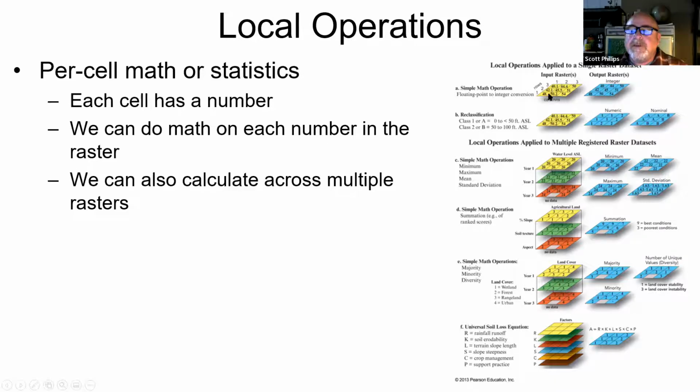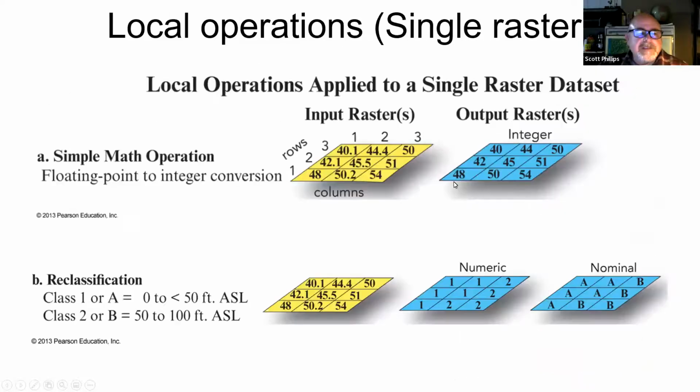For example, you can convert integer numbers to floating point numbers, from whole numbers to decimal numbers. We can reclassify numbers, so that all the ones are now threes and all the threes are now fours and so on. We can do logical operations. Let's walk through this in a little more detail.